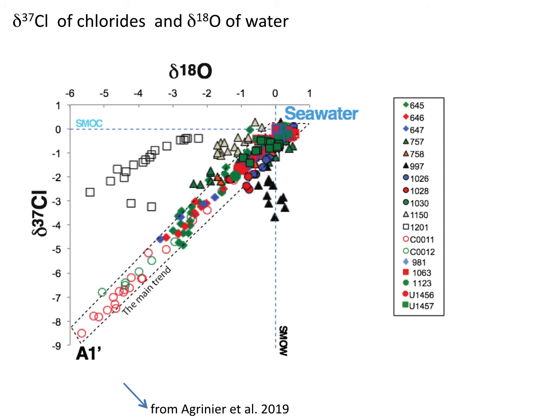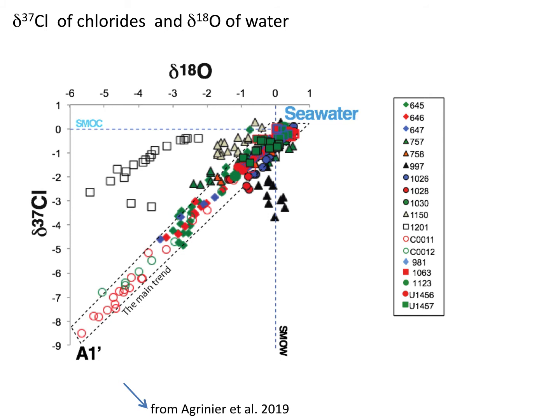This figure is surprising. It shows that in the fluids of these sediments, the delta O18 of water is correlated with the delta 37 chlorine of chlorides. This correlation is observed everywhere, except for a few particular depths where external fluids were injected in the piles.